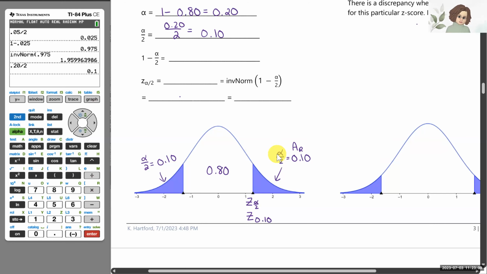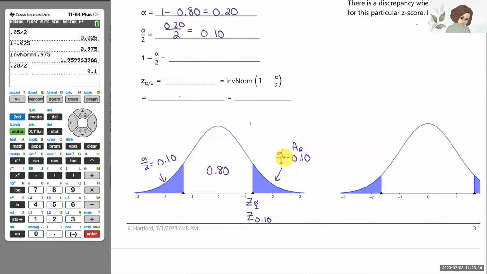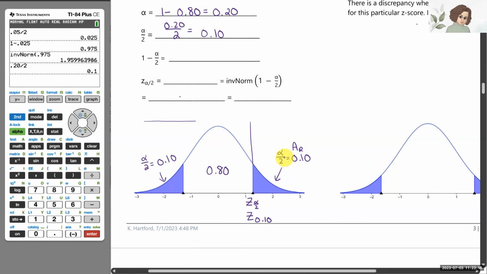But we don't want to inverse norm the area to the right of it. We want to inverse norm the area to the left of it. If alpha over 2 is to the right of it, 1 minus the alpha over 2 value is to the left of it. For that z-score, 10% is to the right of it, so 90% is to the left of it.